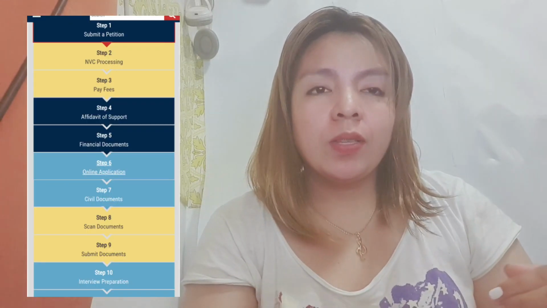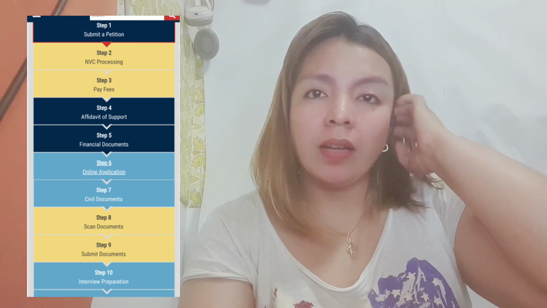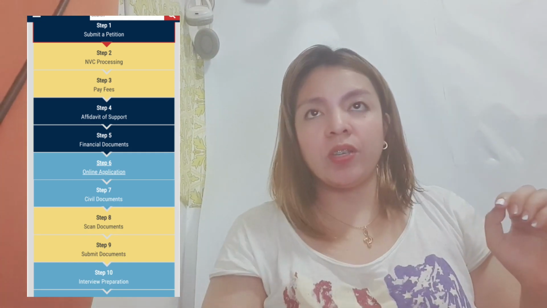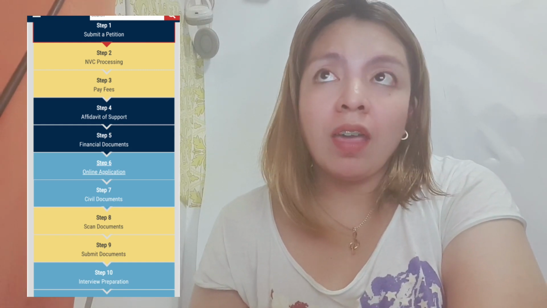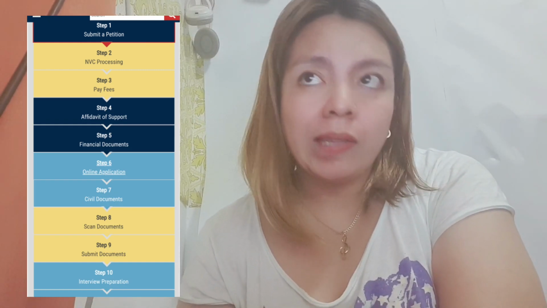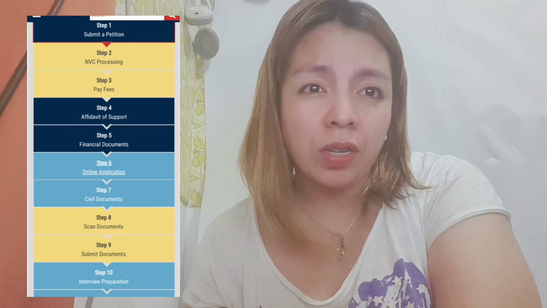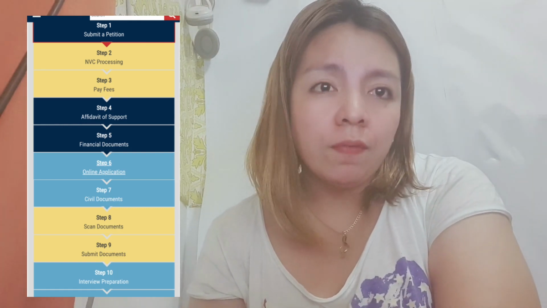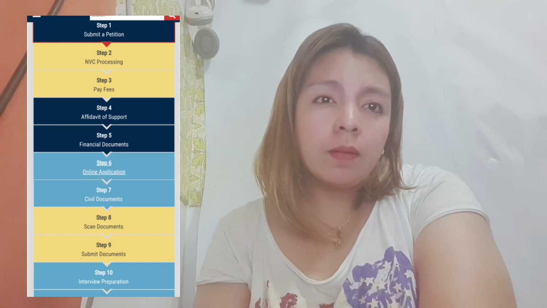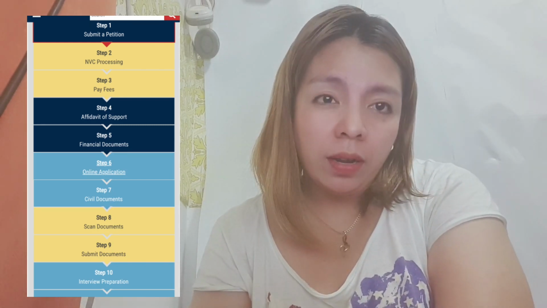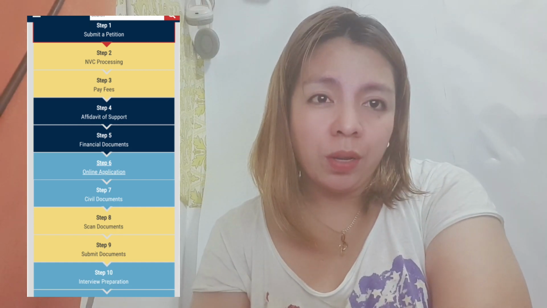So let us now discuss the immigrant visa process. Okay, so on the travel.state.gov website, there are actually 12 steps on how you are going to apply for an immigrant visa. Number one is you need to submit a petition, and number two is the NVC processing. Number three is the payment of the fees. Number four is the Affidavit of Support. Number five is the financial documents.